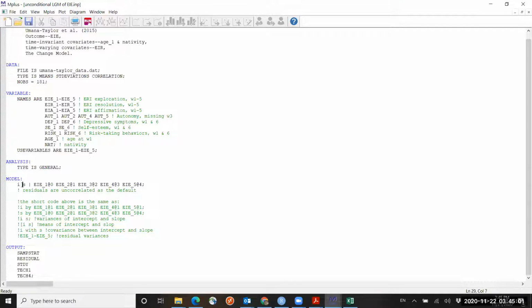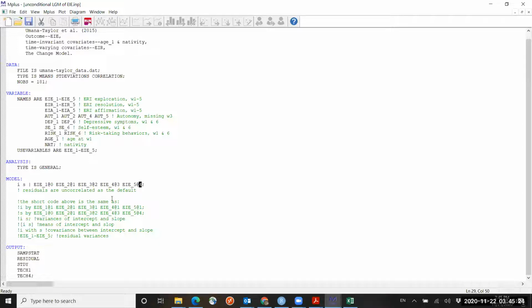These are the loadings of S that you specify here. The loadings of the intercept are all 1, and Mplus sets those by default. The loadings of the slope for a linear model are 0, 1, 2, 3, and 4.